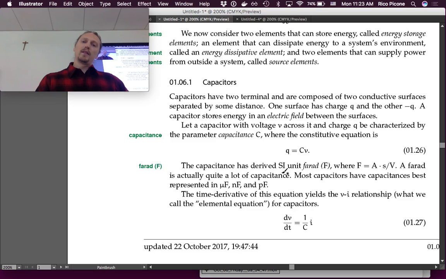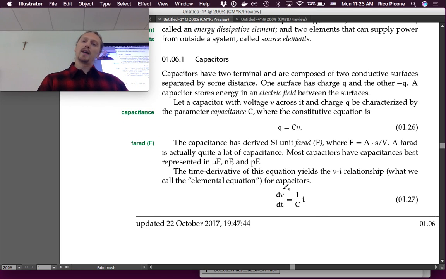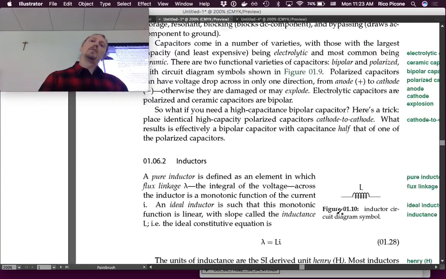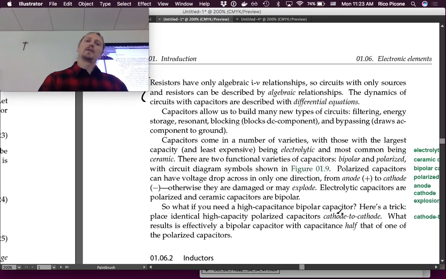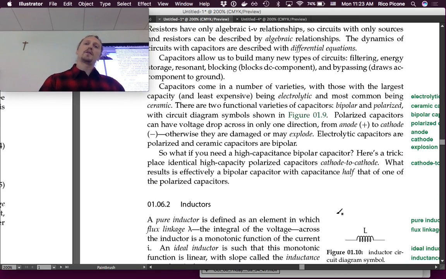And the time derivative of that gives us the elemental equation, the relationship between the voltage and the current. And we noted before, and so this is a lot of repetition, that this is a differential equation.